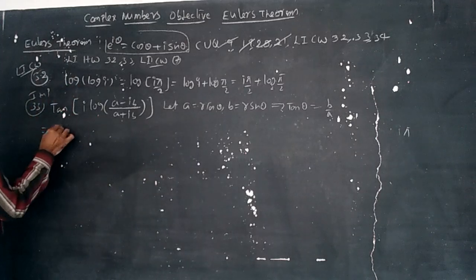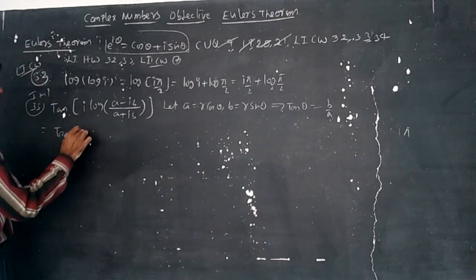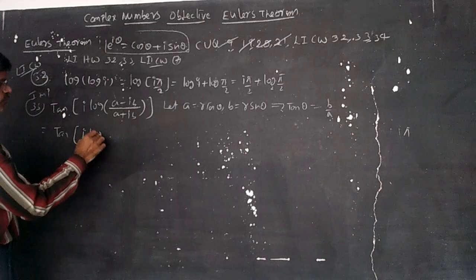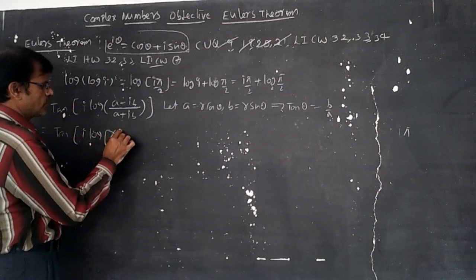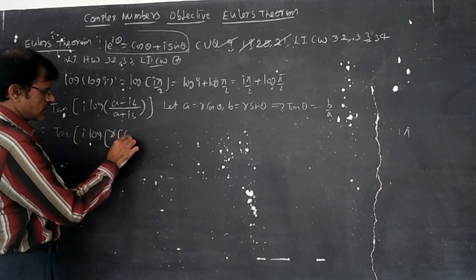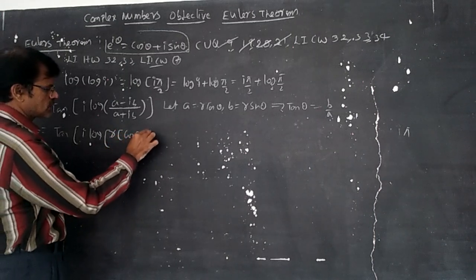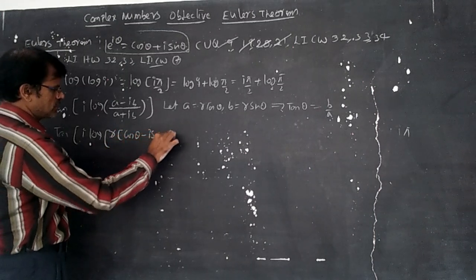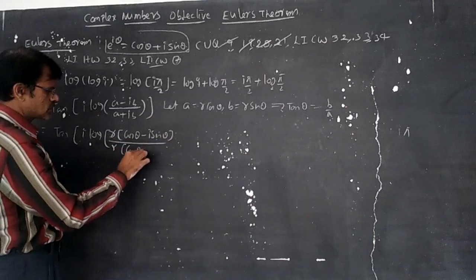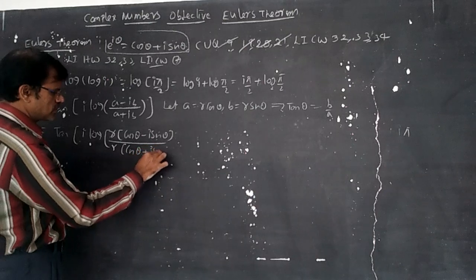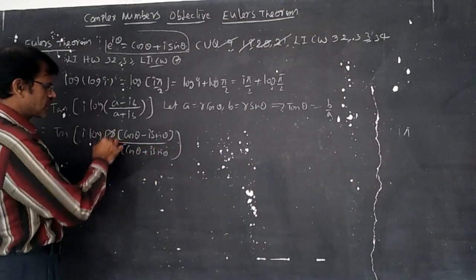Now that is equal to tan of i into logarithm of, instead of a you write r cos theta. So this is r cos theta minus i sin theta whole by the denominator r cos theta plus i sin theta. R gets cancelled.